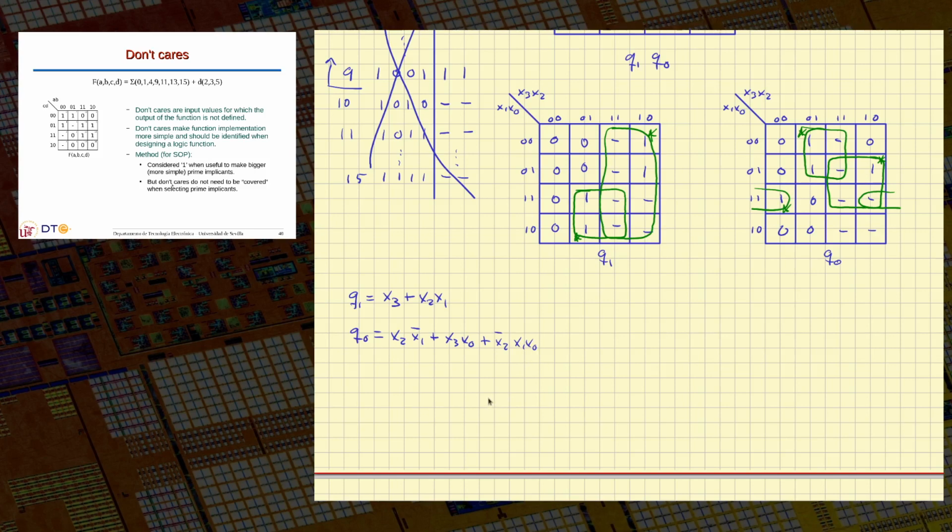Okay, so you see I need the complement of x1, I need the complement of x2.